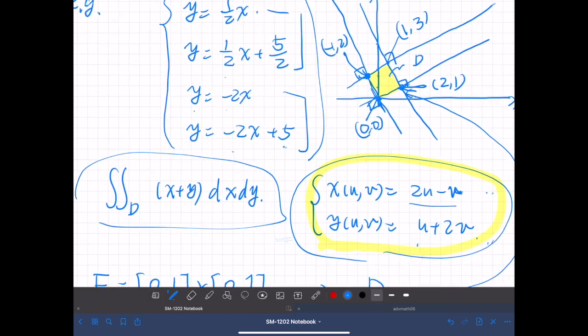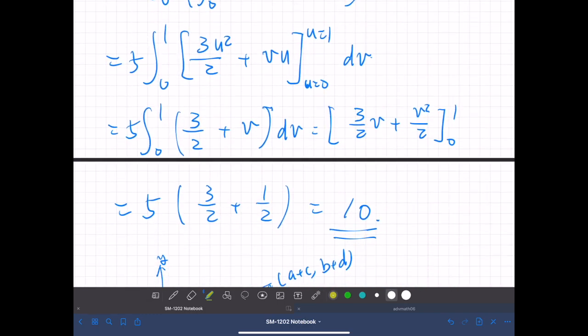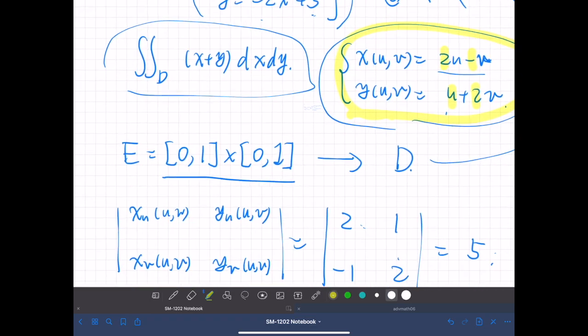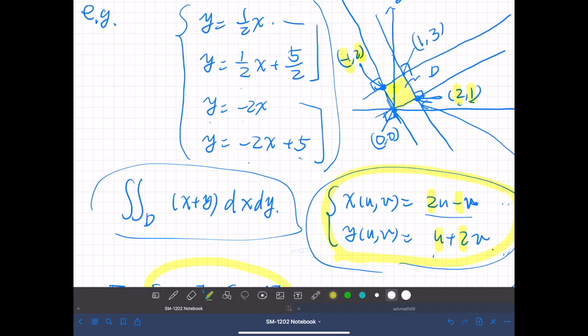So we can apply these formulas, and so this would be A, B, C, D. So A, B, and C is -1, and D is 2. So in this way, we could transform this region into this region.